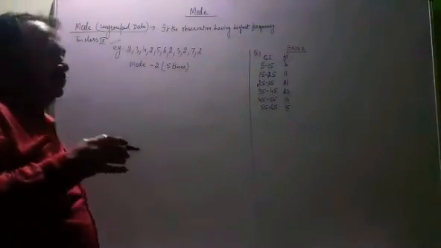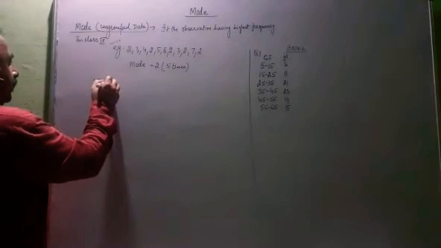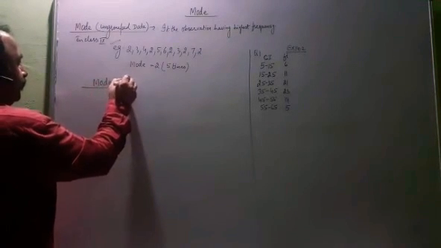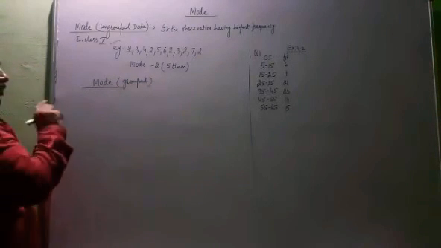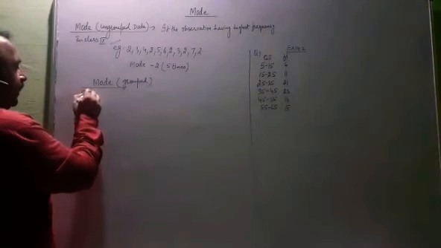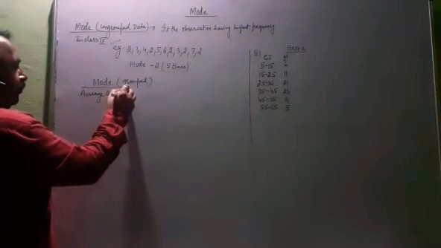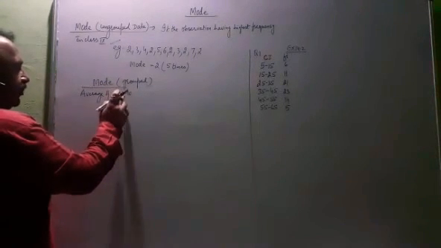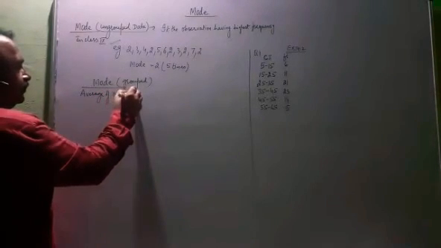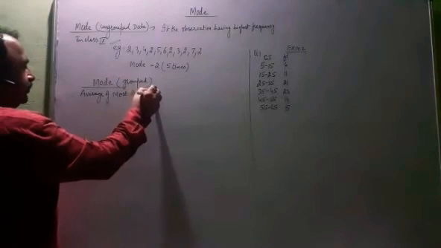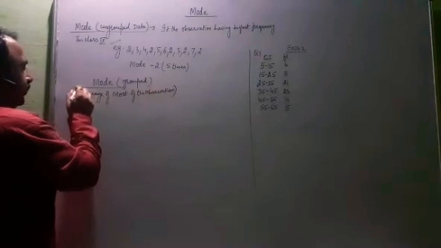So when class intervals are given to you, mode in terms of grouped data has another name, that is average of most of the observations. Now this is your mode.